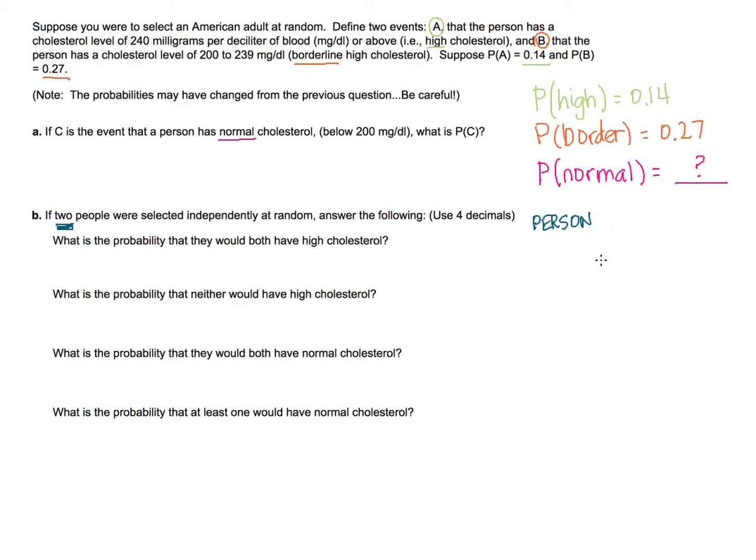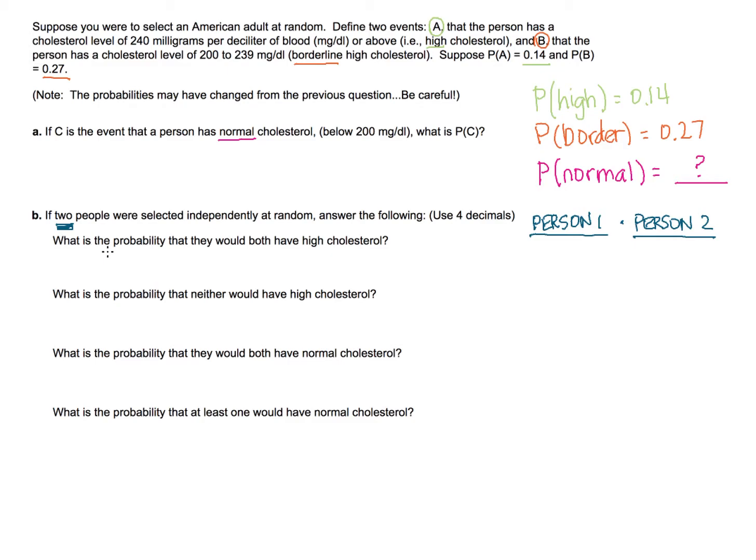So I'm going to change it up and do person 1 times person 2. Okay, so we're going to follow that format for all of these, and things are going to be changing up a little bit. It's kind of like a multi-step where you're taking one times the other.